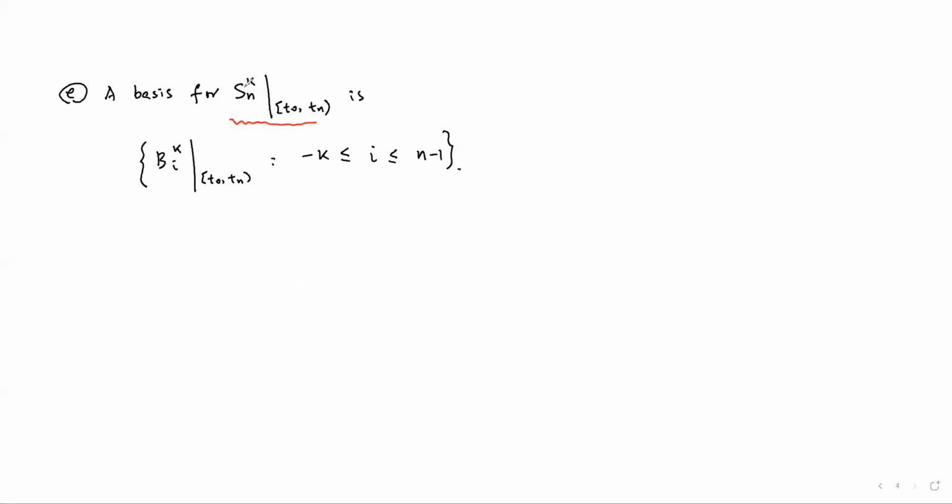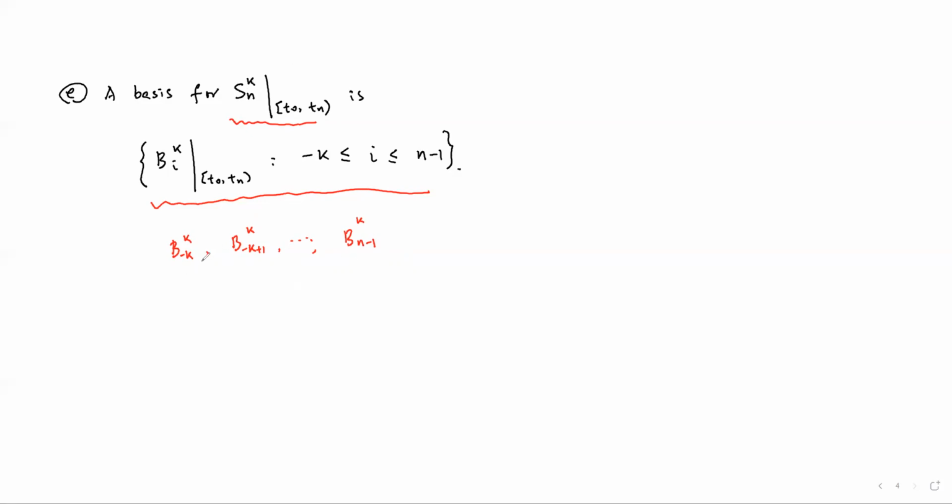For this space, this is a basis, where i is from negative k, negative k plus 1, and so on, up to n minus 1. This is a basis for this space.